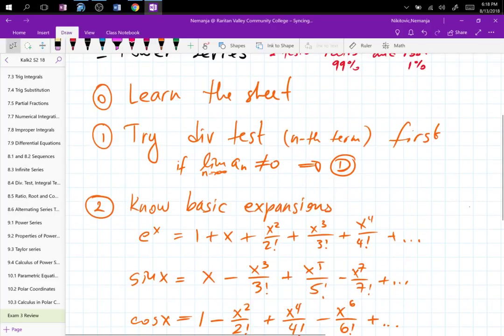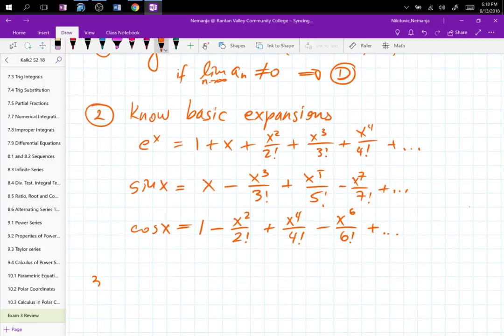You have learned the sheet, that's rule 0. Rule 1, try the divergence test first so you can knock out a few problems. Three proofs for integral test.